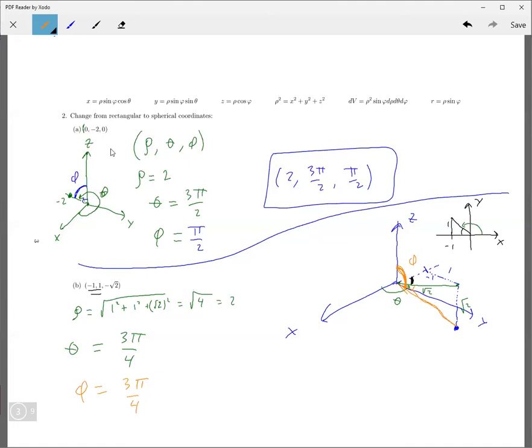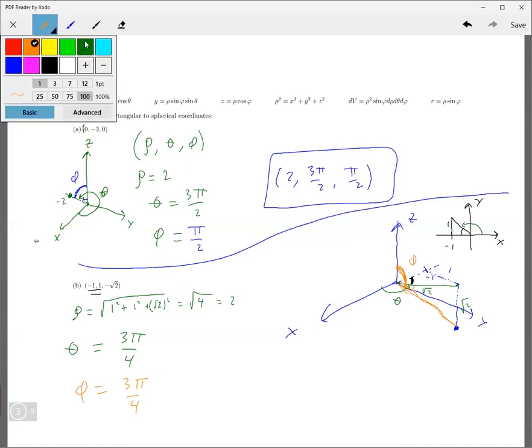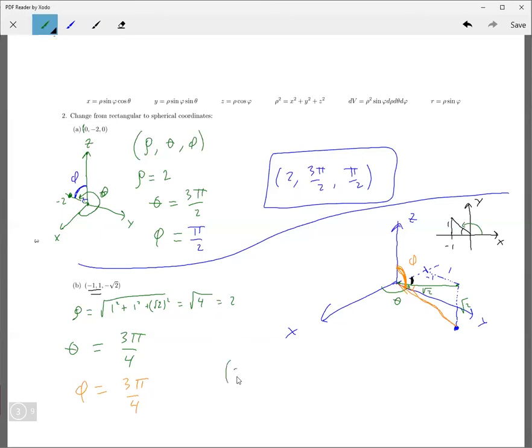Okay, yeah, so this is 2, 3 pi over 4, 3 pi over 4.